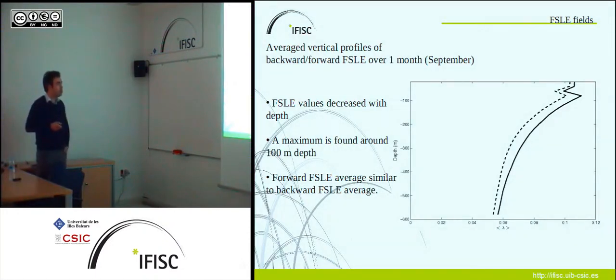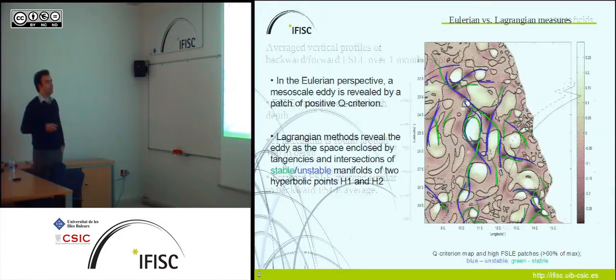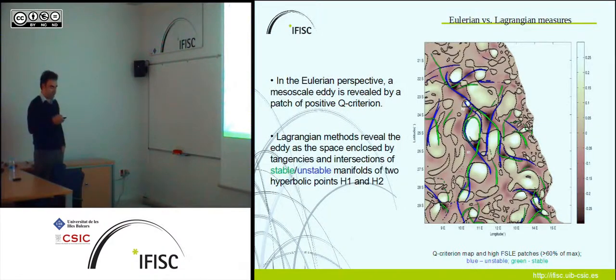We found this curious maximum around 100 meters depth. We still don't know how to explain this, but we think it's related to perhaps current intensity that could be higher at this depth, but we're still not sure. And of course, this tells you that the characteristics of the flow field have an impact on the distribution of the finite-size Lyapunov exponent.